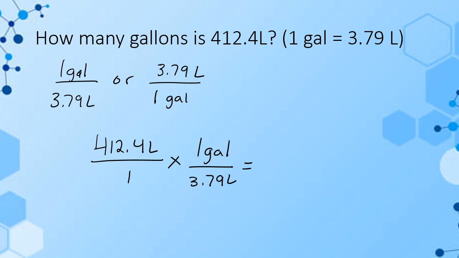Again, I can see that my lowest number of sig figs is 3.79 liters. So I am going to keep my answer to 3 significant figures. That would result in an answer of 109. Sorry, scratch that. No, that's right, 109 gallons.